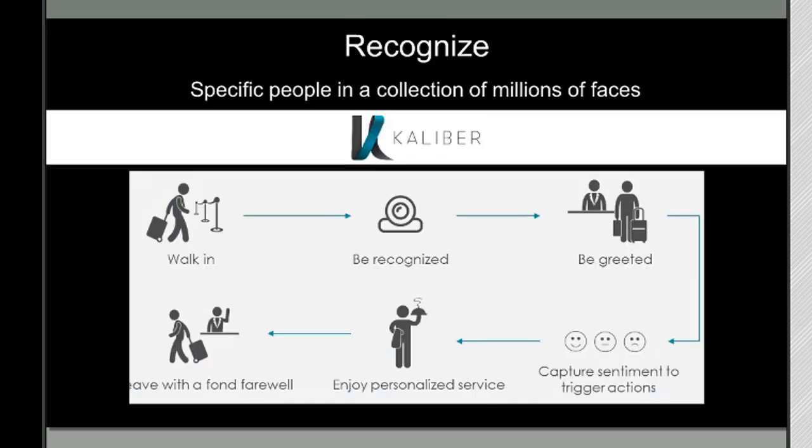Calibre is another interesting company who's doing this in a VIP use case where they're enabling hotels to identify their VIP customers the moment they walk in the door, and basically use that as an identifying mechanism to bring up all the necessary service content needed for the front desk to give that person a good experience.